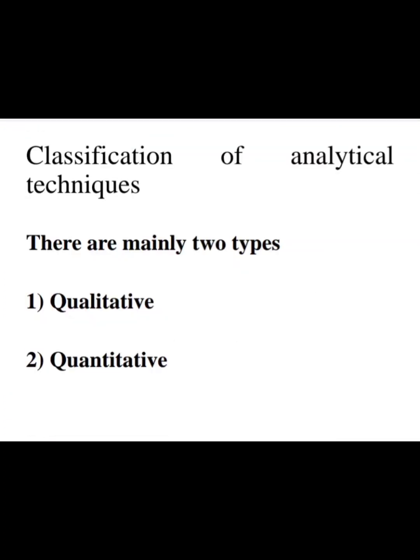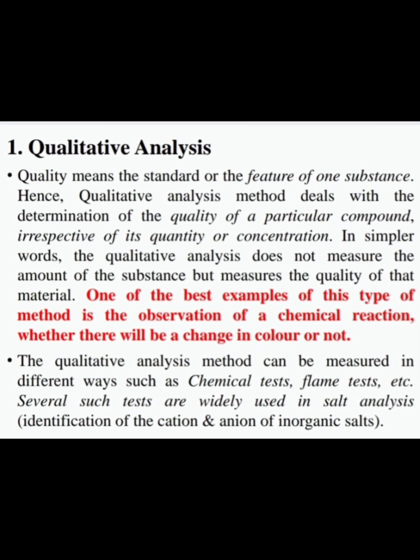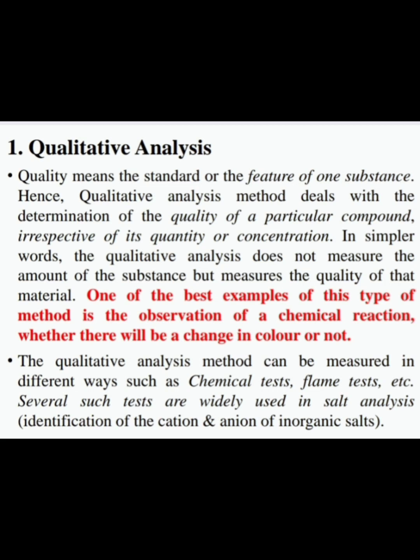Next, we will move on to the classification of analytical techniques. In this, there are mainly two types: qualitative analysis and quantitative analysis. Qualitative analysis: quality means the standard or feature of a substance.